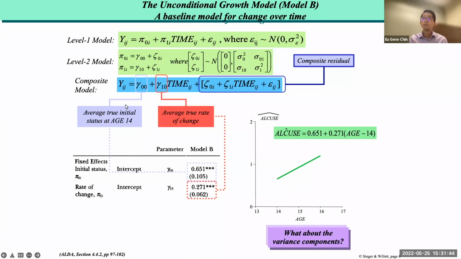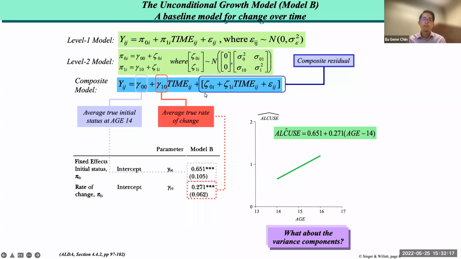So the composite model, naturally, is going to be a combination of the level 1 and level 2 submodels, which is basically going to say that each individual's observed alcohol score is a function of gamma subscript 0. Remember, gamma subscript 0 is the estimated intercept of the population average change trajectory, plus gamma subscript 10, which represents the estimated slope of the population average change trajectory multiplied by time, plus these stochastic components, or the composite residual from the level 1 and level 2 submodels.